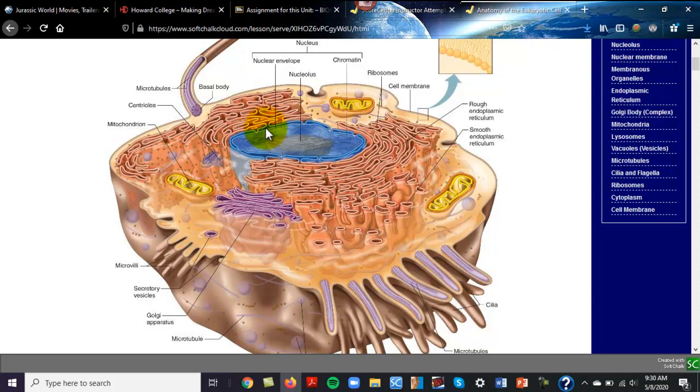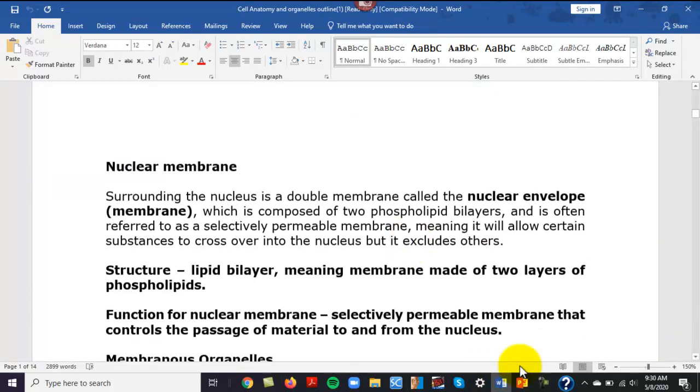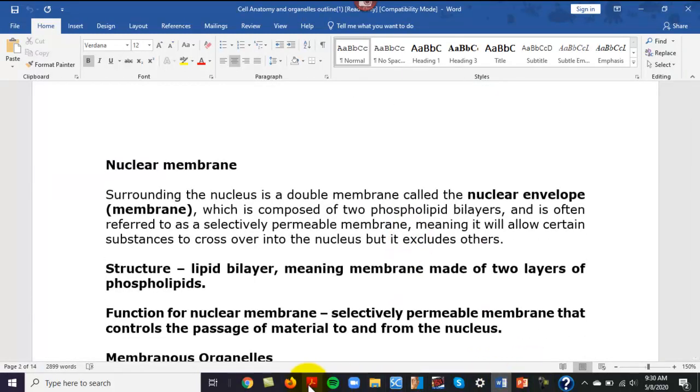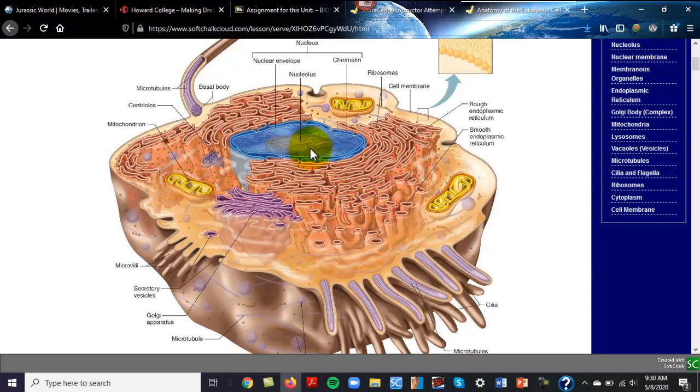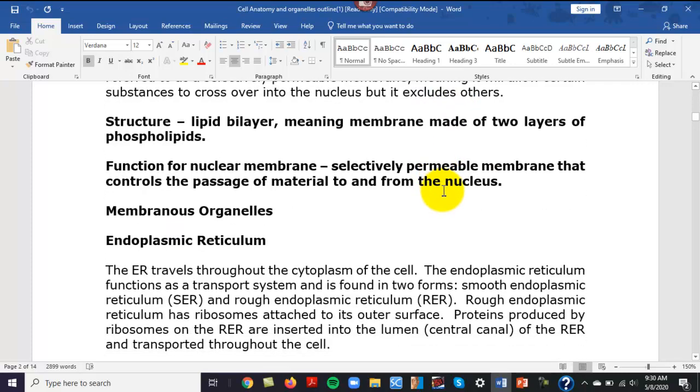They are involved with protein synthesis, and we'll get to those later. But that's the nucleolus, that dense area that's found in there, and that's what it does. That little dense spot, and then this was the nuclear envelope, just like it says right there. It's a double layer of phospholipids, and we'll get to that in a minute.